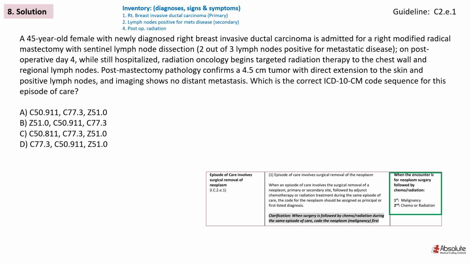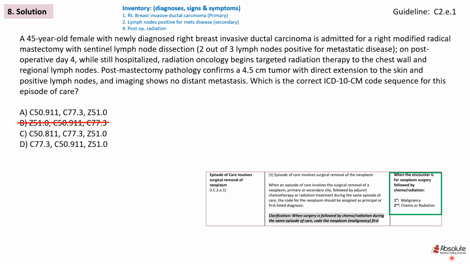So with that being said, we are going to eliminate B because, as you see here, it has that Z51 code listed first, followed by the malignancies, and this does not align with our guideline. So we are going to get rid of that.